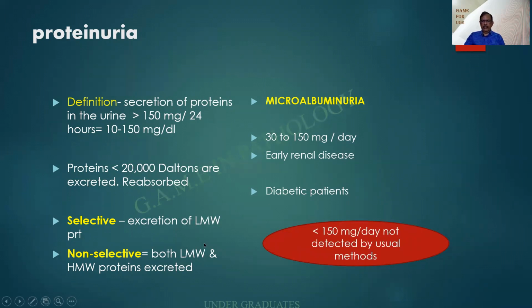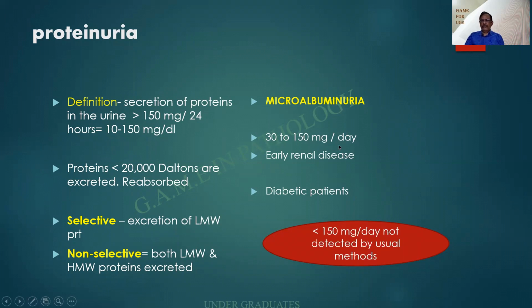Non-selective, on the contrary, means both low molecular weight and high molecular weight proteins are being excreted. So this is important. That means the glomerular function is failing. This is proteinuria. And definitely one question will be asked: what is microalbuminuria? Microalbuminuria means it can test even 30 to 150 milligrams per day.